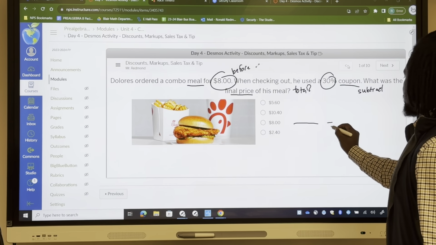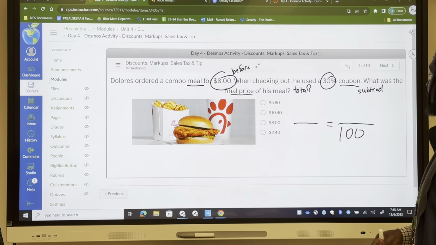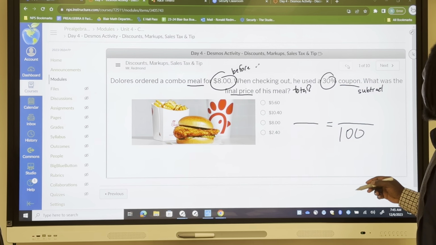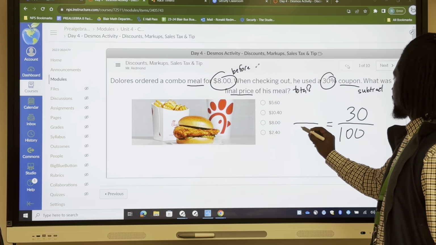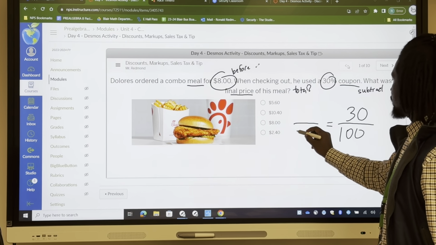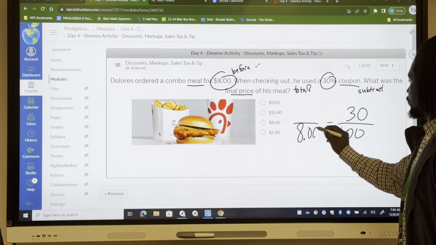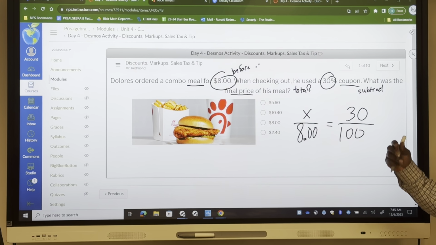So I'm gonna set up my proportion. Line equals line over 100. Then I'm gonna take my information from the problem and plug it in. And so I have 30 as the percent. I have $8 as the total. And I am looking for how much of that is gonna be the discount.